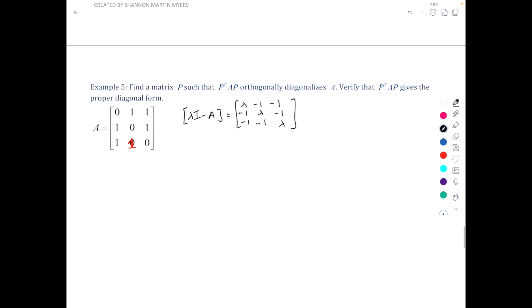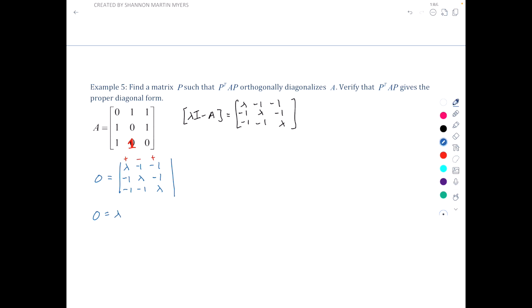And then we need to find the determinant and set it equal to 0. And so I'll go ahead and expand about the first row.